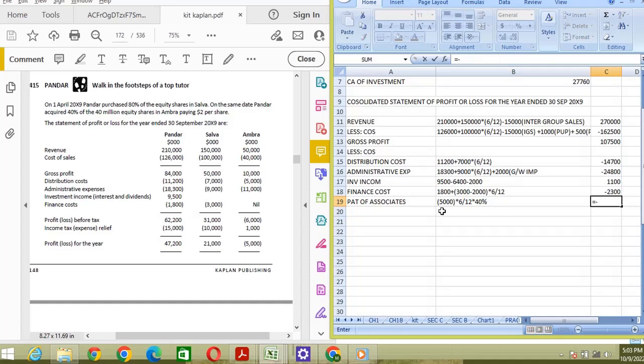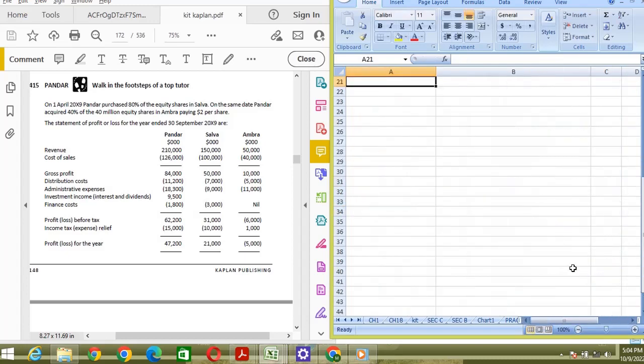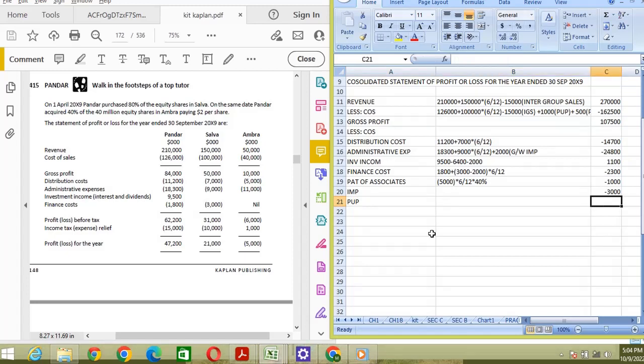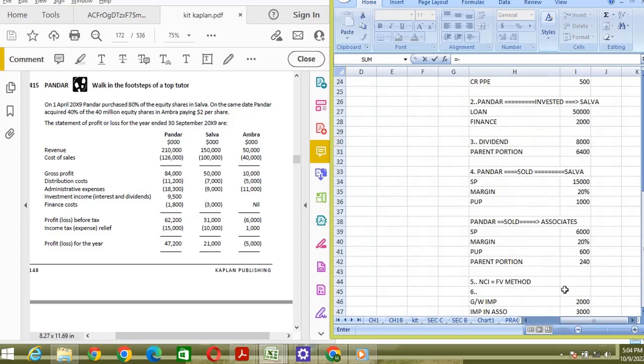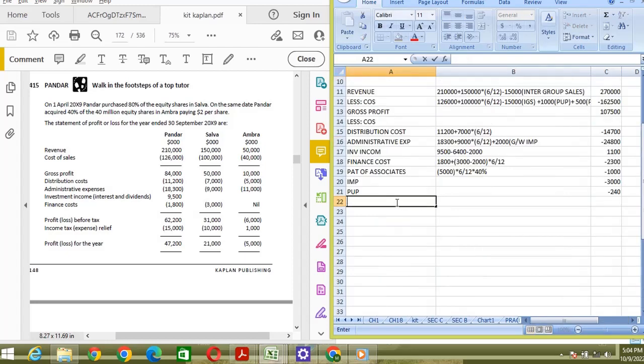So 5,000 into 6 divided by 12 into 40%. Then we will take impairment. The impairment has been given in the question, that is 3,000. Next thing we need to remove is PUP of the associates. We have already calculated the parent portion of the PUP, 240.